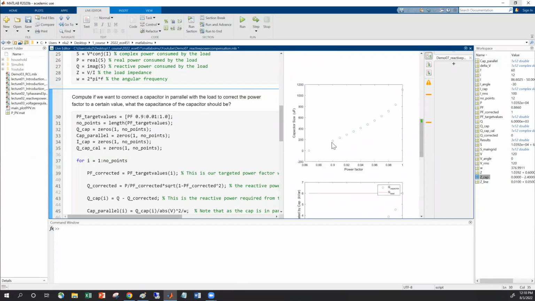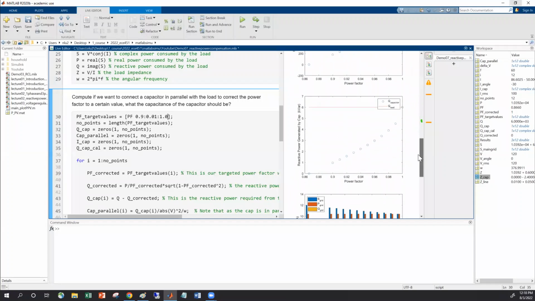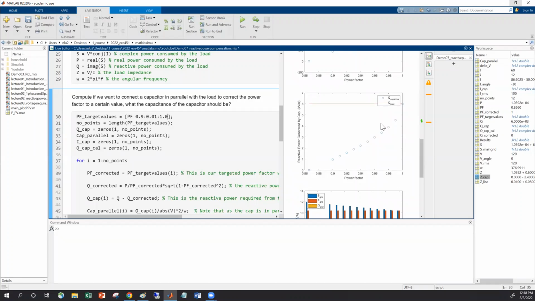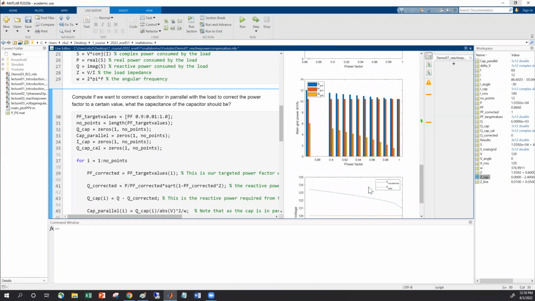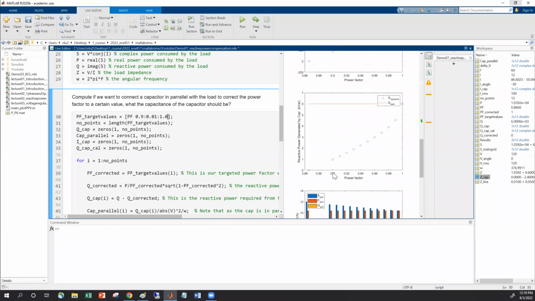I can see that from 0.9, then every 0.01 incremental, then how many points that I need for the reactive power I provided. So that way I would be able to see when I correct the power factor to 0.9, 0.91, 0.92, what would be the capacitance needed.